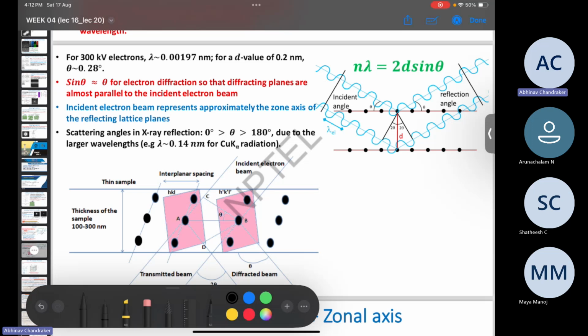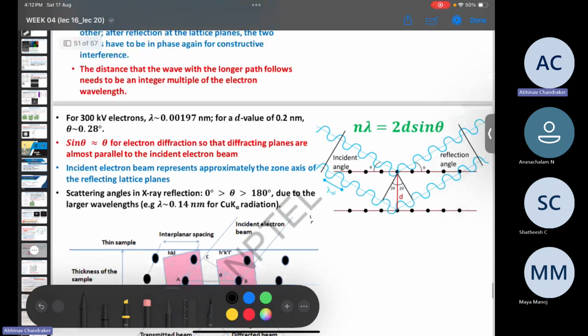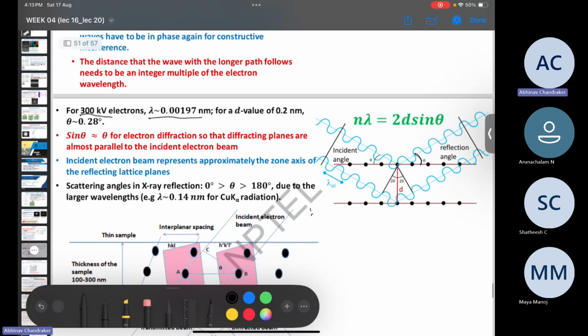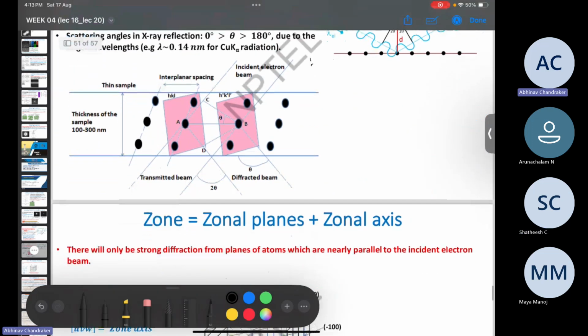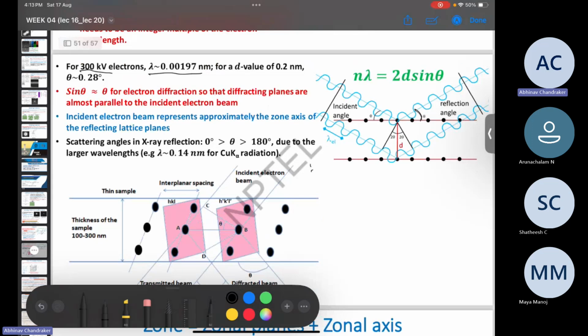In case of electrons in TEM, the wavelength is very small, almost 2 picometer for 300 kV electrons, and as a result the angle by which diffraction happens, the diffraction angle 2 theta, is very small, and for all practical purposes sin theta can be considered to be equal to theta for electron diffraction.